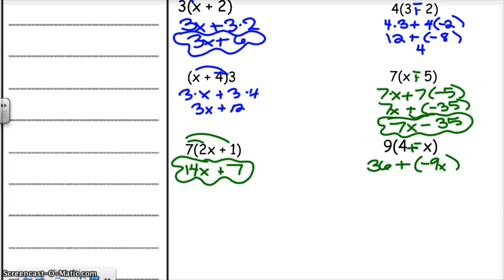Proper math says put the x term first. So I rewrite this as negative 9x plus 36. I can do that because that utilizes the commutative property of addition. Order doesn't matter. I can flip them around if I want, only for addition and multiplication.